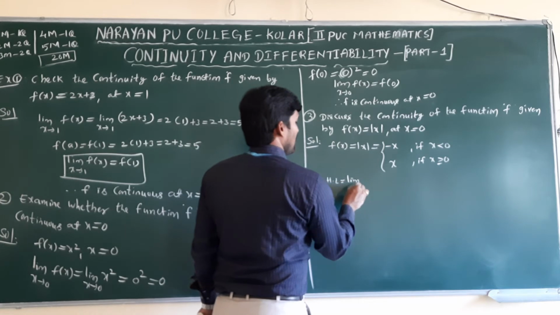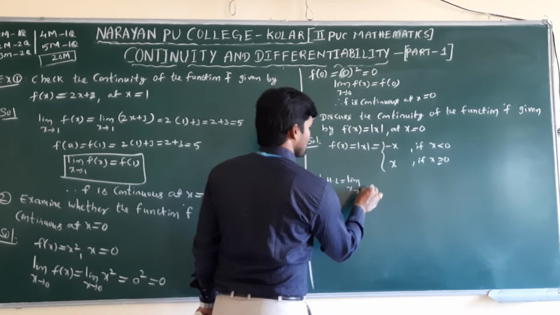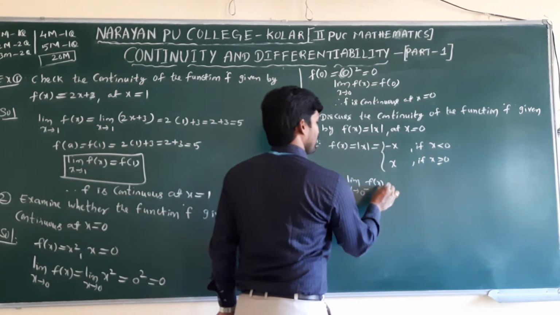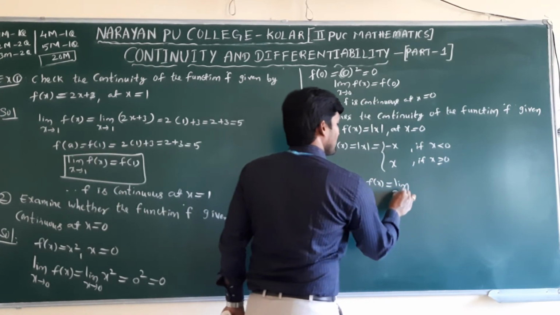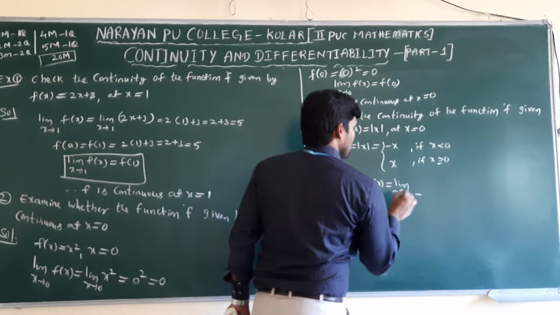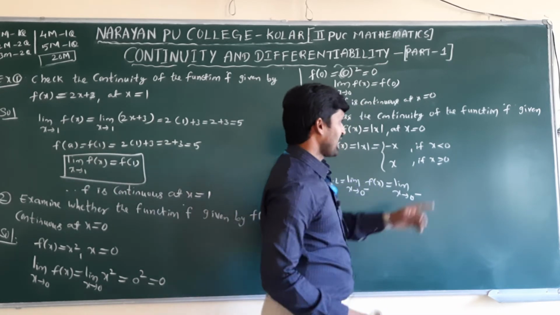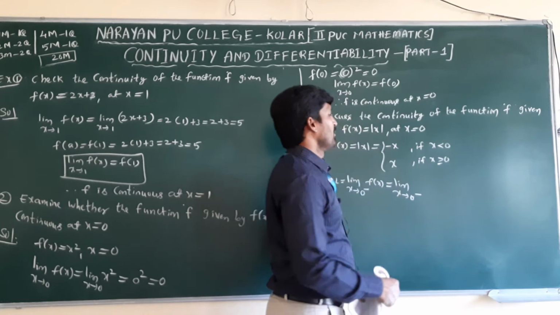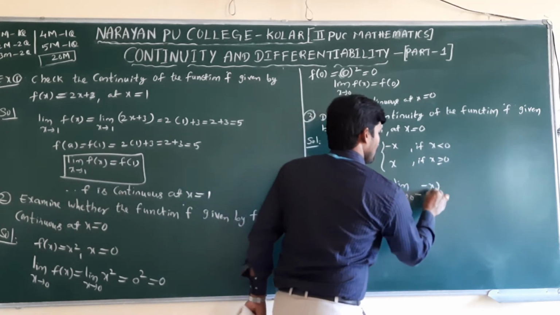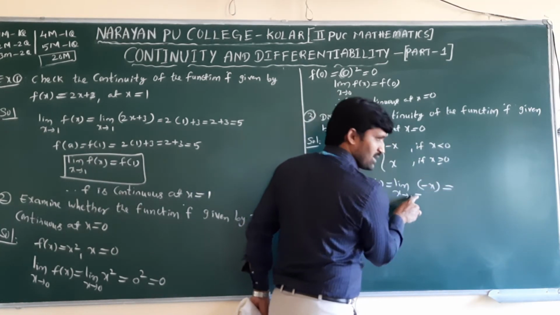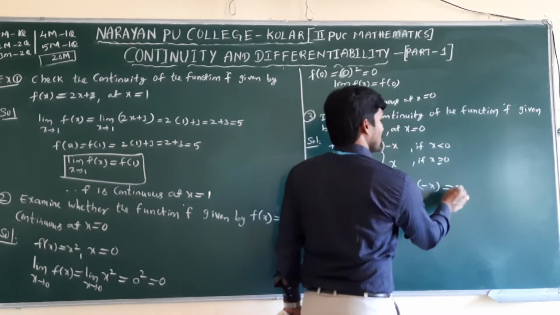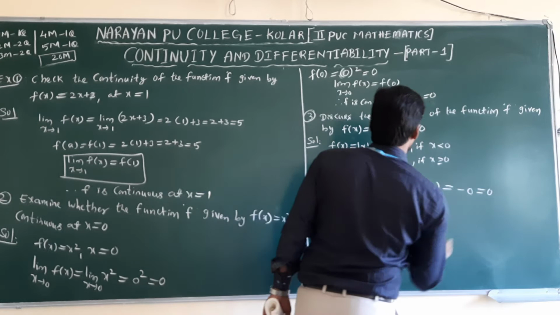LHL means limit x tends to a minus, that is 0 minus, of f of x. 0 minus means x is less than 0. At x less than 0, the function is minus x. This minus represents LHL, for values less than 0. Substitute x as 0: minus 0 equal to 0.